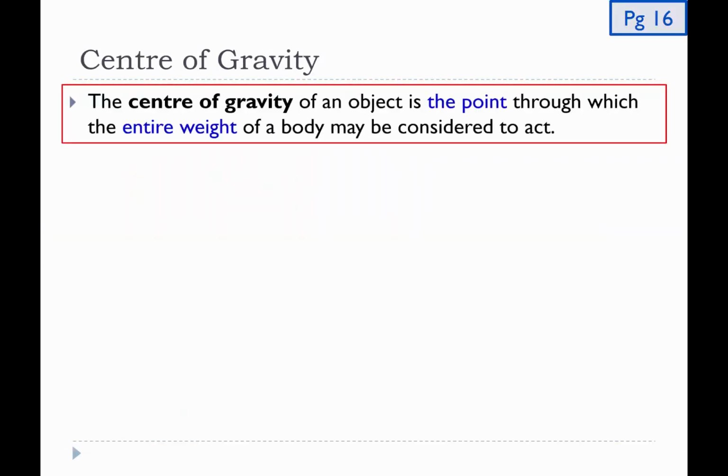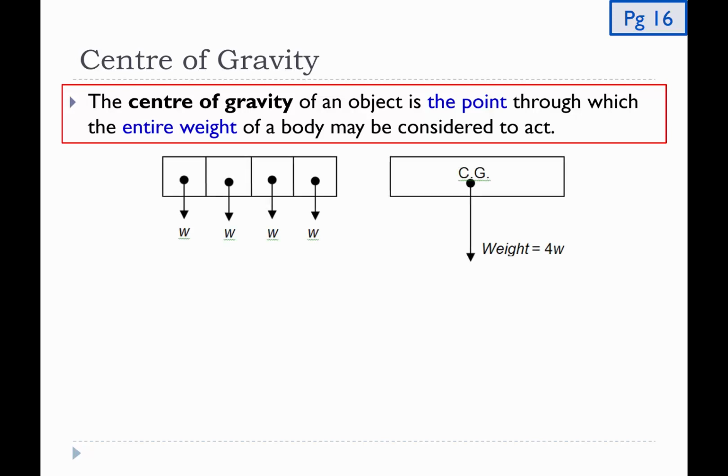Now for center of gravity, you should know that the center of gravity of an object is basically the point through which the entire weight of an object may be considered to act. So for example, let's say we have a rectangular object. I can segment it into 4 different segments. In fact, I can even break it down into even smaller particles like its molecules and atoms.